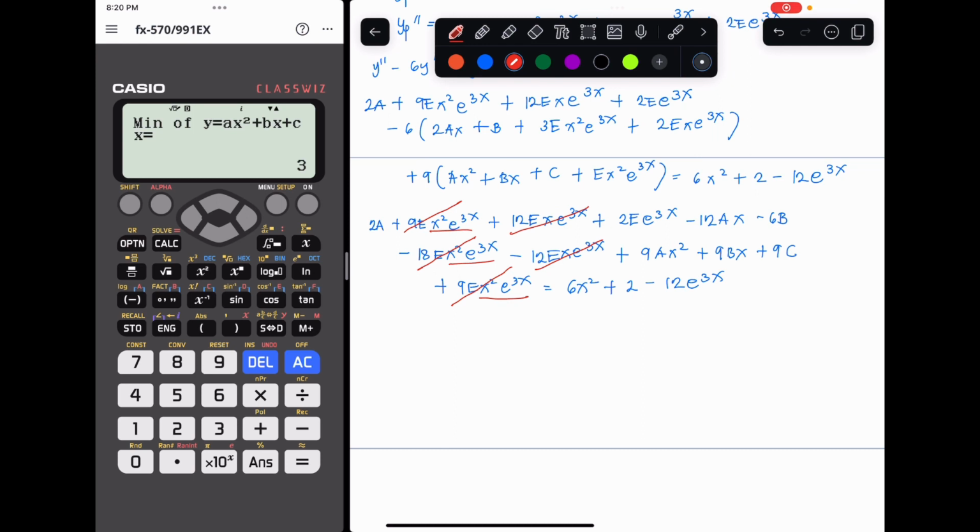Okay, so now that we have that, we're going to equate similar terms. So equate the coefficients, and I'll start with e raised to 3x.